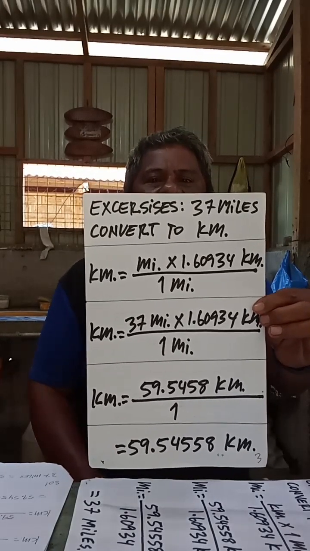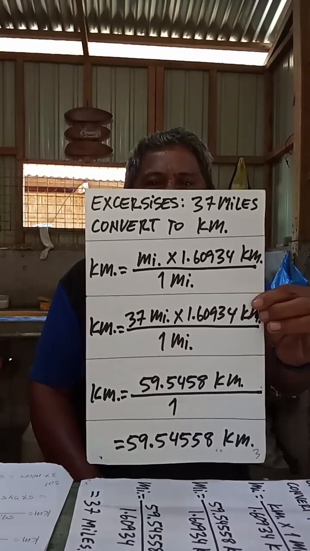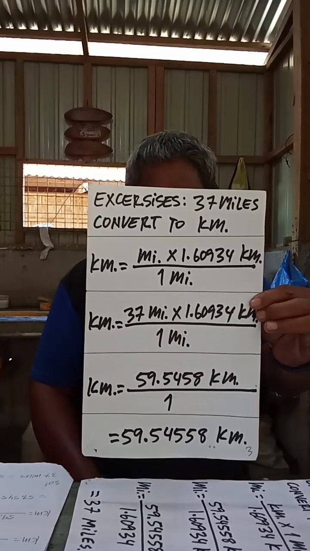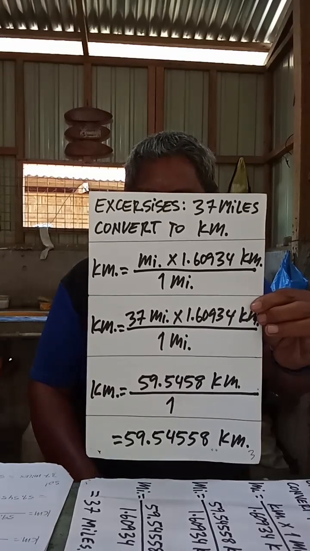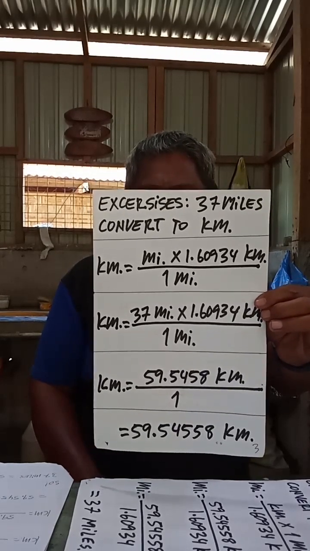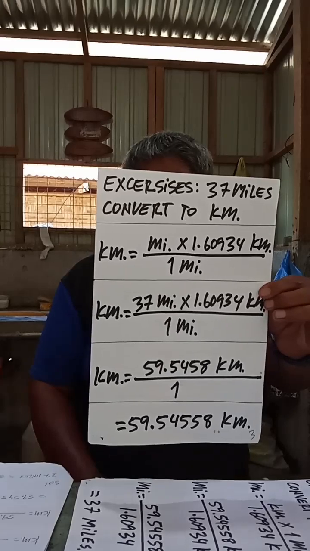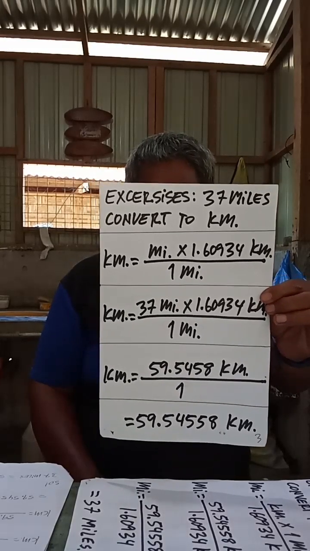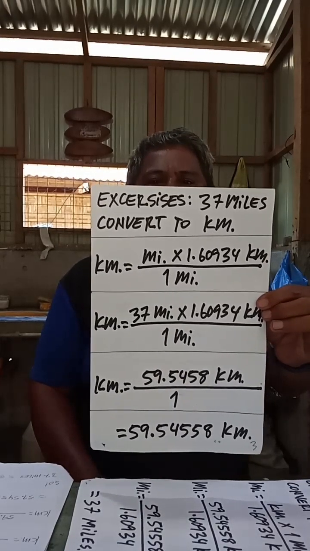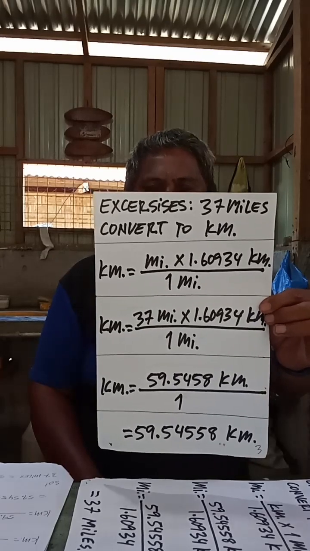So mile over mile, so cancel the mile and the kilometer is left. So kilometer = 59.54558 kilometer over 1, so equals 59.54558 kilometers.